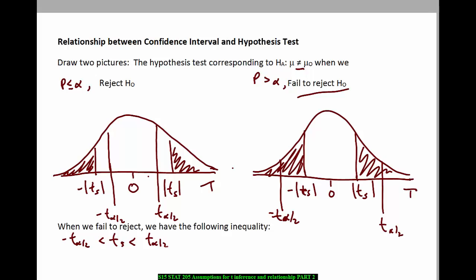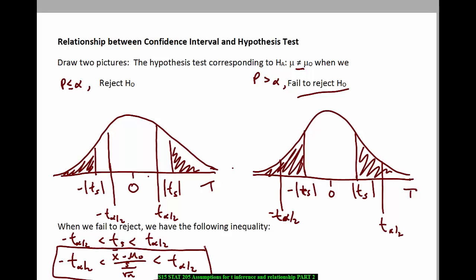And what's our test statistic? Well, that is x bar minus mu naught over s divided by the square root of n less than t of alpha divided by 2. Now, this inequality should look familiar.